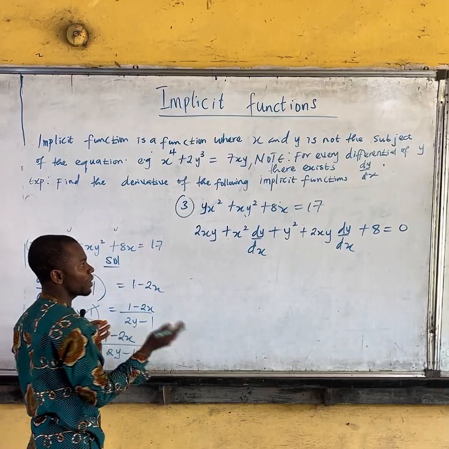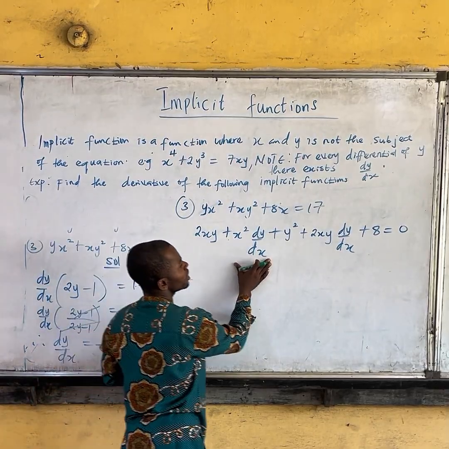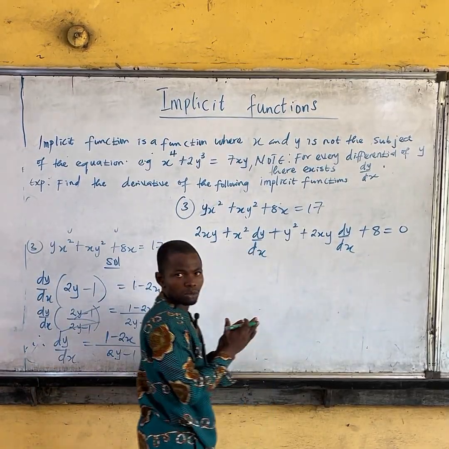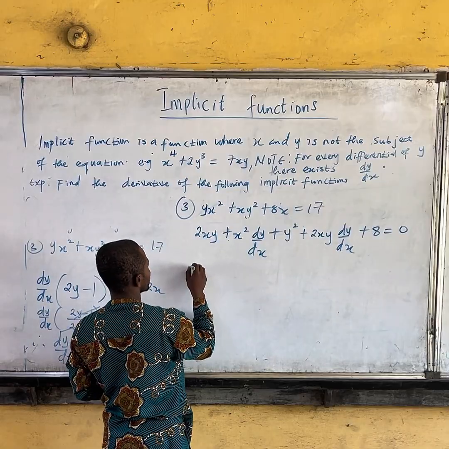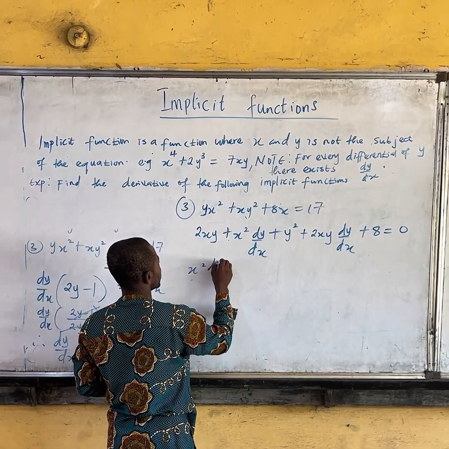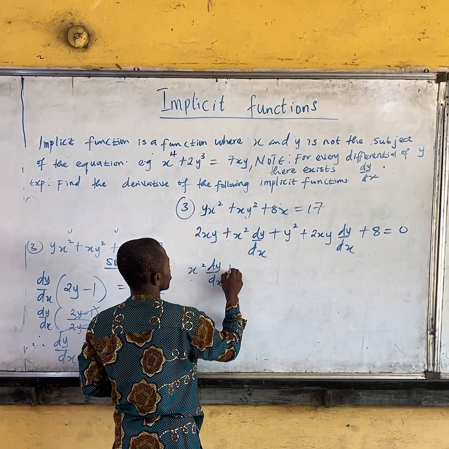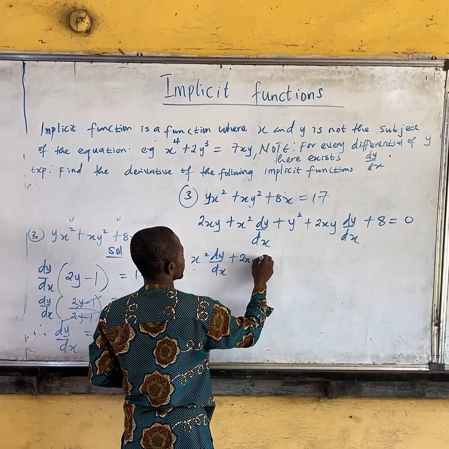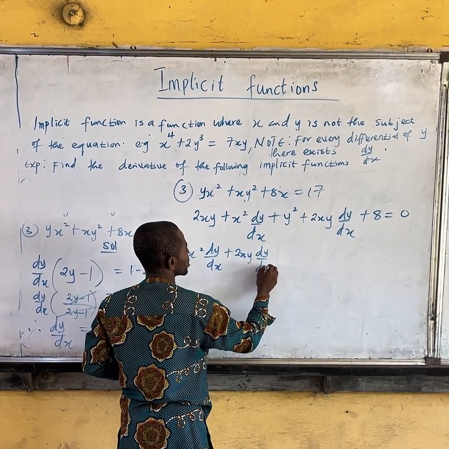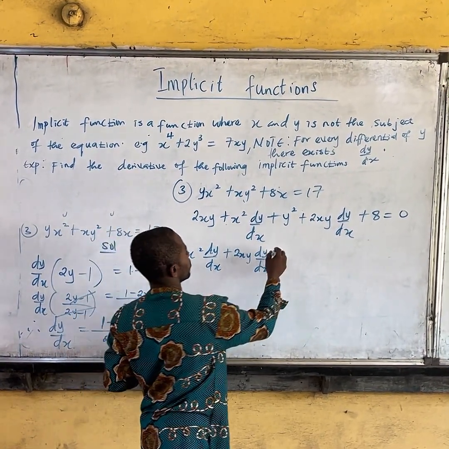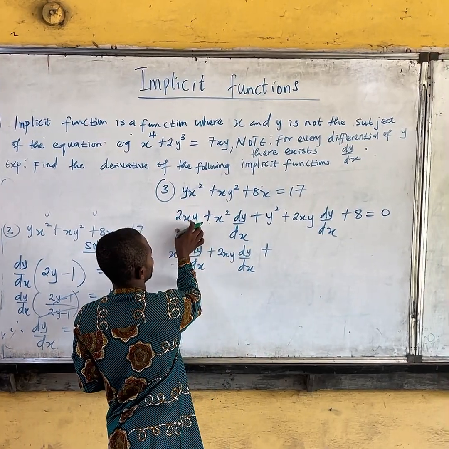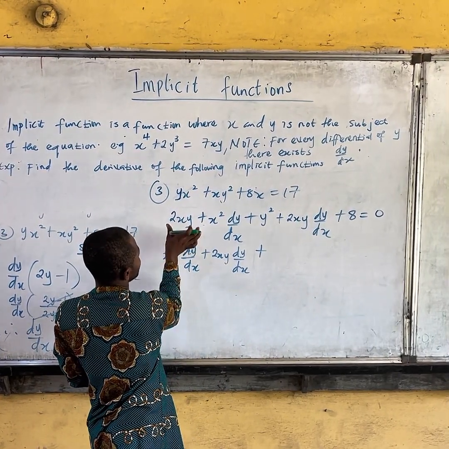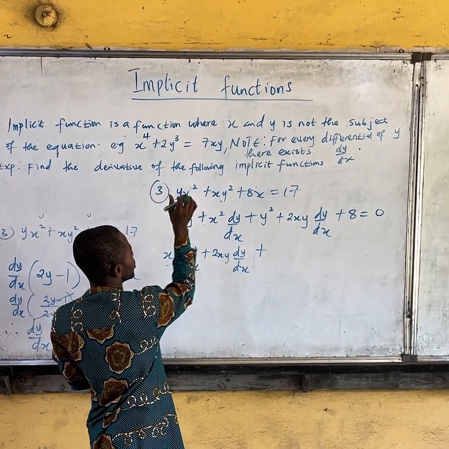So I will now group the family of dy/dx. There is dy/dx here, there is dy/dx here. I group them together. So it will now be x squared dy over dx plus 2xy dy over dx, plus, but if you look at this, they are just ordinary variables without dy/dx.